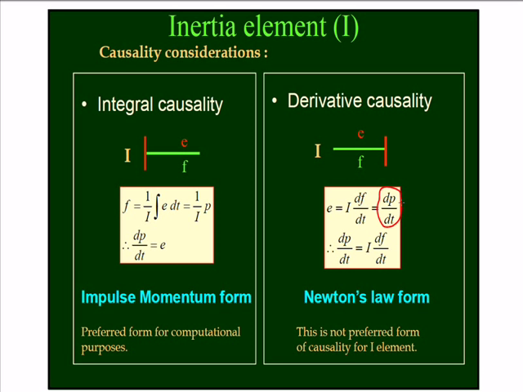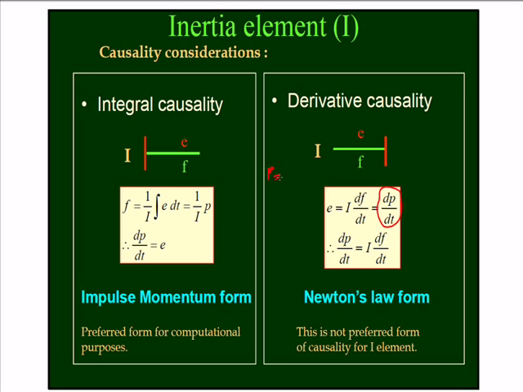The computer crashes. So in here we have, like I say, on the left hand side, the integral form, which is called the impulse momentum form. But you have in this one the derivative form, which is like Newton's law. Just to remind you, let me see if again I can do a little drawing here.